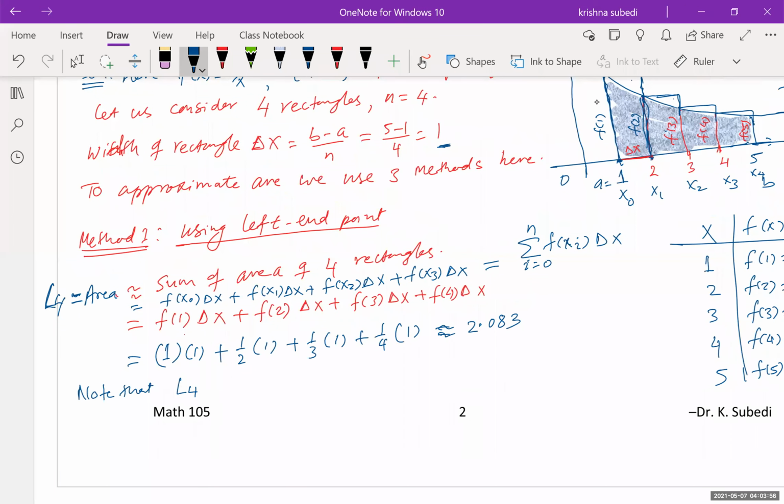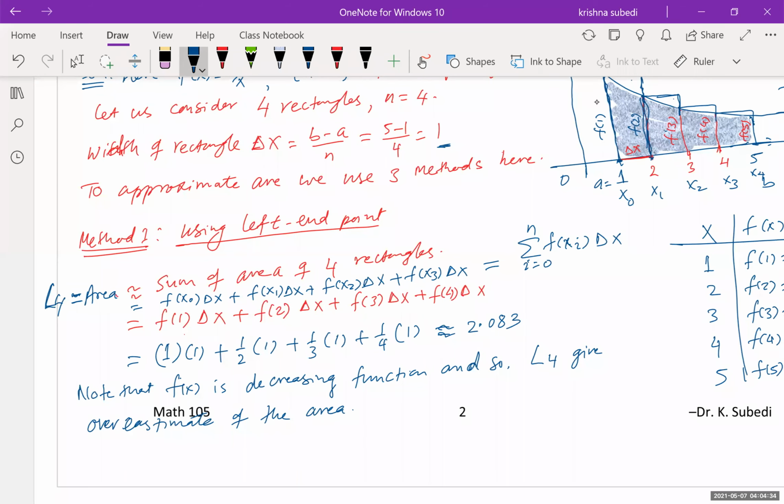Note that f of x is a decreasing function, and so L4 gives an overestimate of the area.